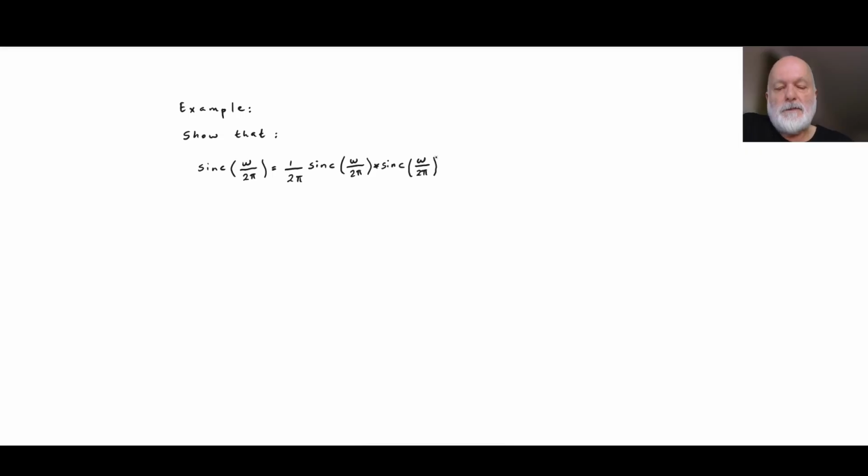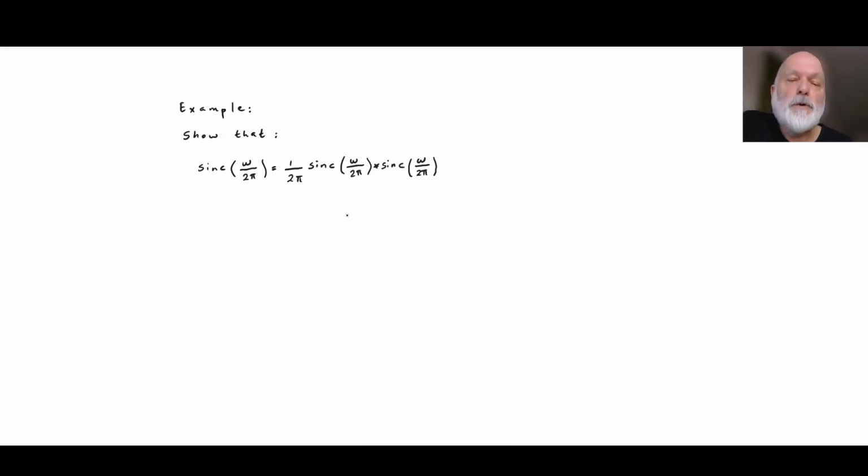Now this expression seems quite difficult to understand at first sight, but we remember the following. How can we show or prove this?